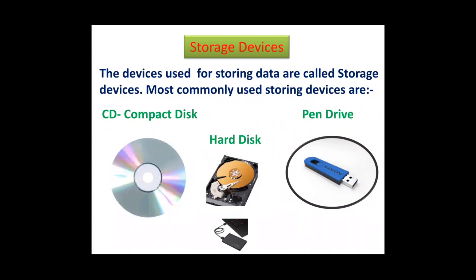Then comes the pen drive. Pen drives are very small in size, but they can store a good amount of data. The best part is they are easy to handle, and you can easily carry them along, and there are very few chances of breakage, compared with the CD.